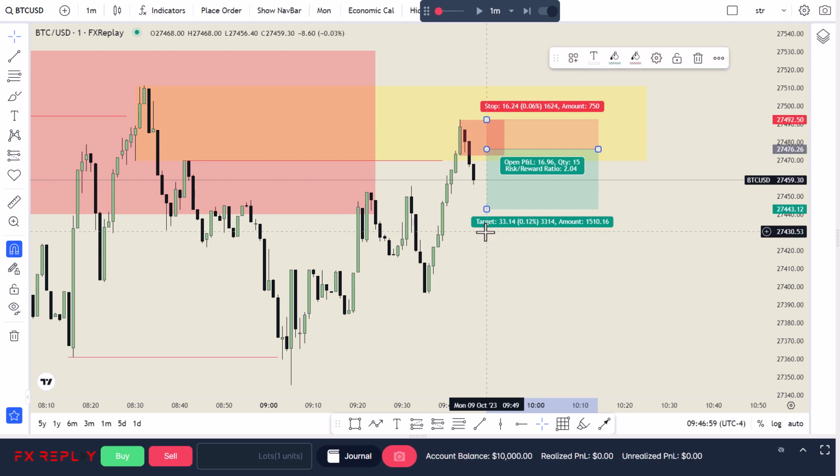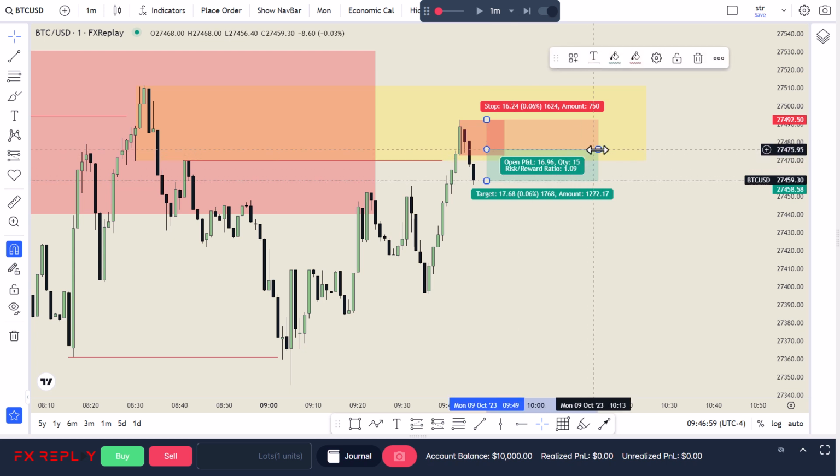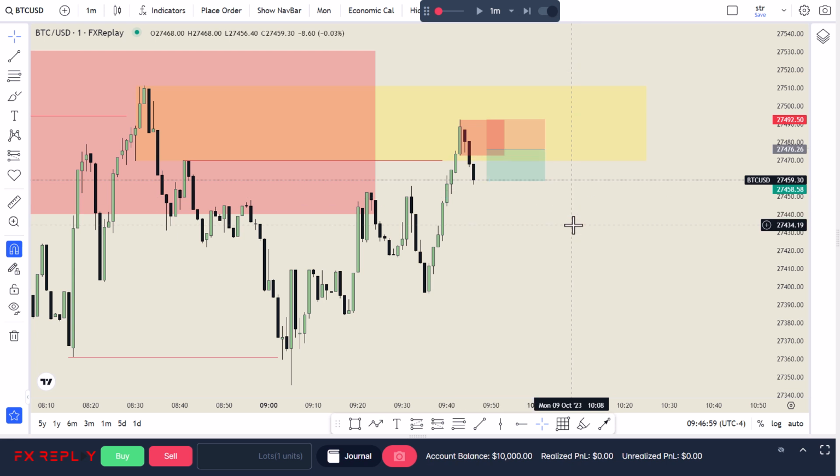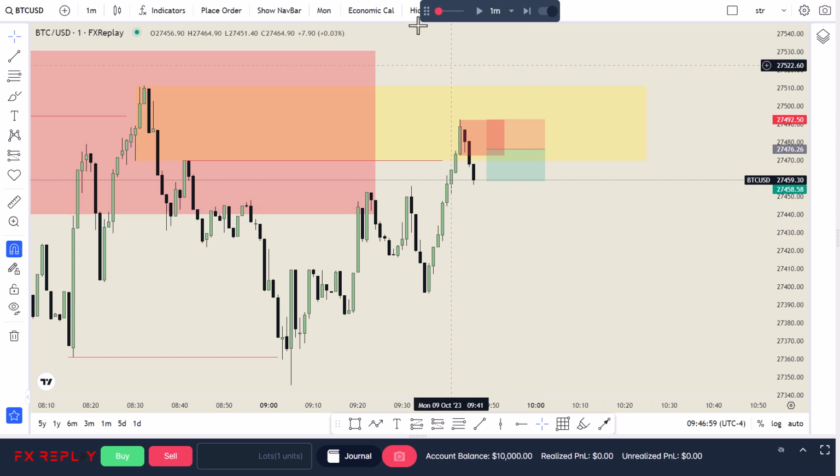We are against the higher time frame, not against it, but this could be just a short pullback into this zone right here and then liquidate this high. All right, so let's take a quick 1-to-1 and see what's going to happen, like this. If price doesn't top me in, then I'm fine with it, right? Don't force anything.